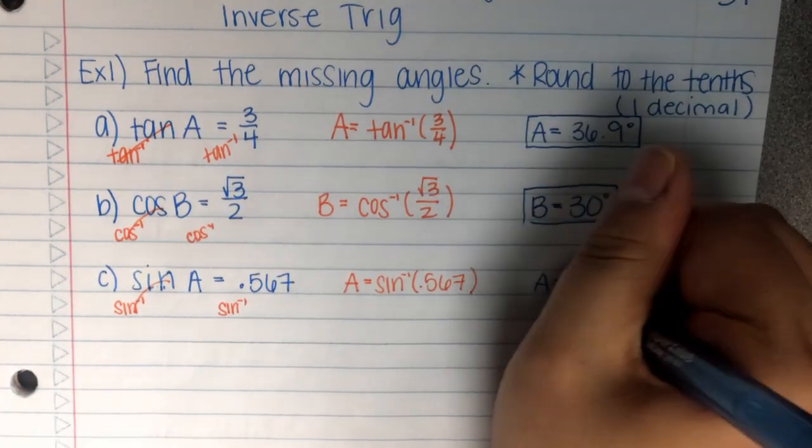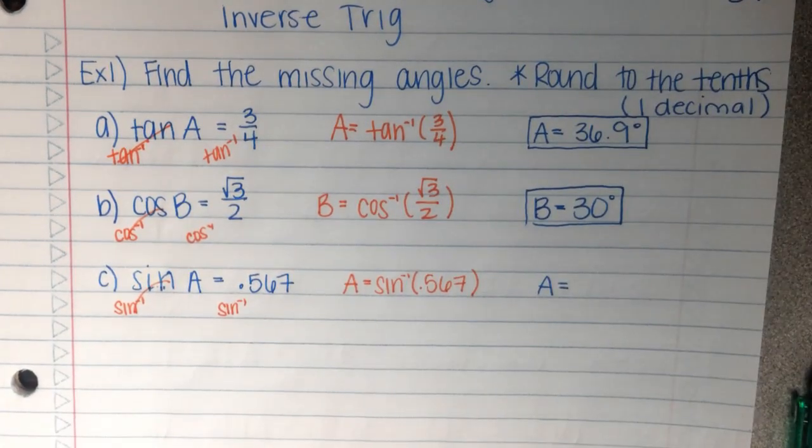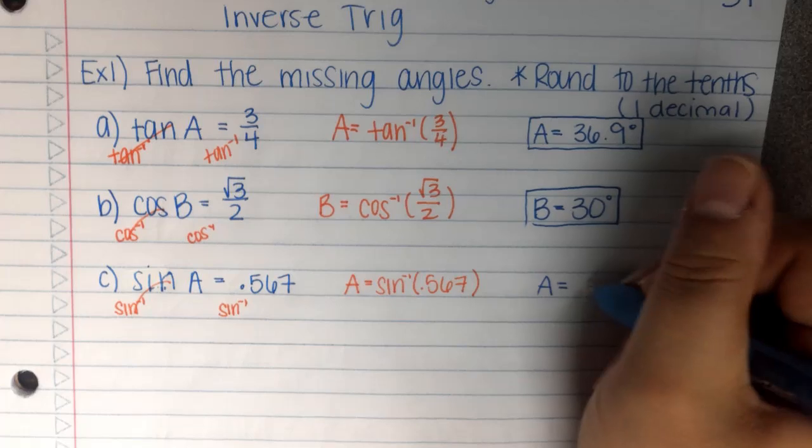What was I thinking? Sine, no, sine. Okay, did you do that? Did you put 0.567? Barrett. Bear, I'm gonna do bad things to you.